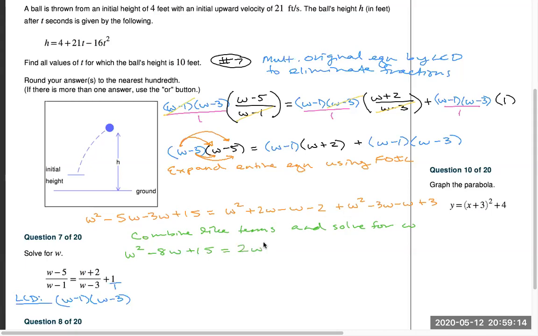So you have 2 of the W squareds. Here we have 2 minus 1. That gives you 1W here. And then you have minus 4 more W's here, so minus 5W.